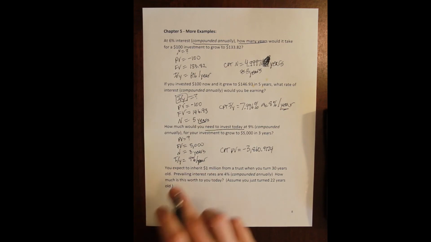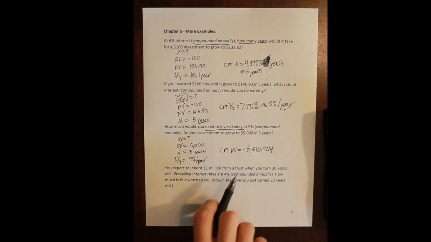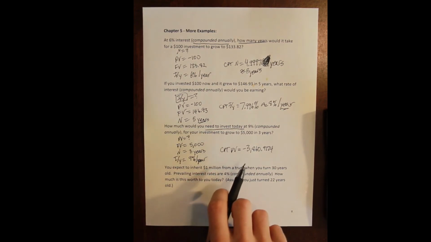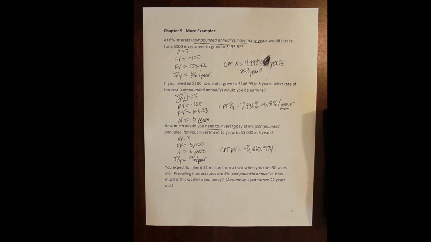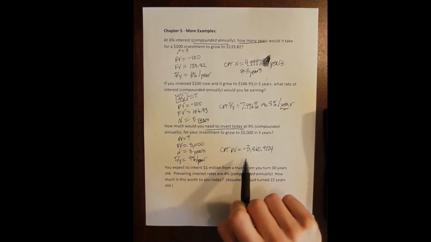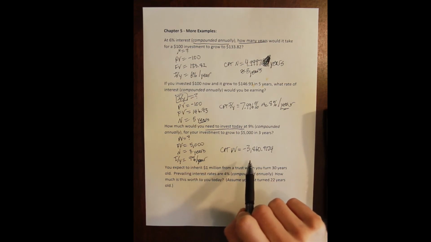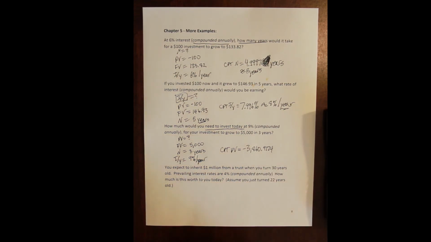Now, something that I haven't mentioned yet, and I should have mentioned earlier, is that your answers on your homework and exams will always be a positive amount. Even though the calculator is treating this as a negative, it's important to remember that a negative investment is not actually how it works. That's just the accounting convention for spending and receiving.